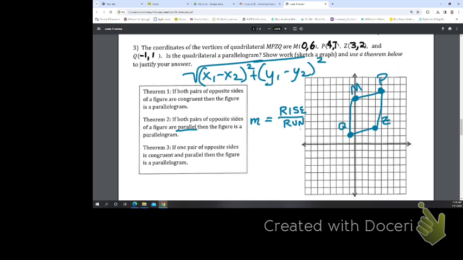So from M to P, my slope for MP would be up 1 over 4, right? I'm just counting. Up 1 over 4. What about my slope for QZ? Up 1 over 4.